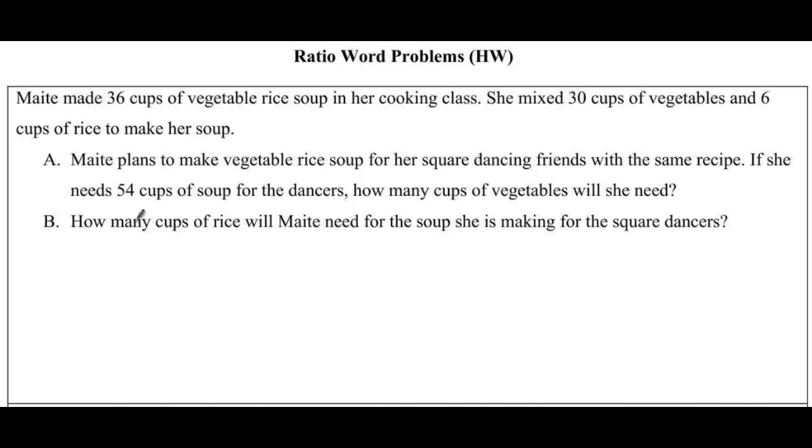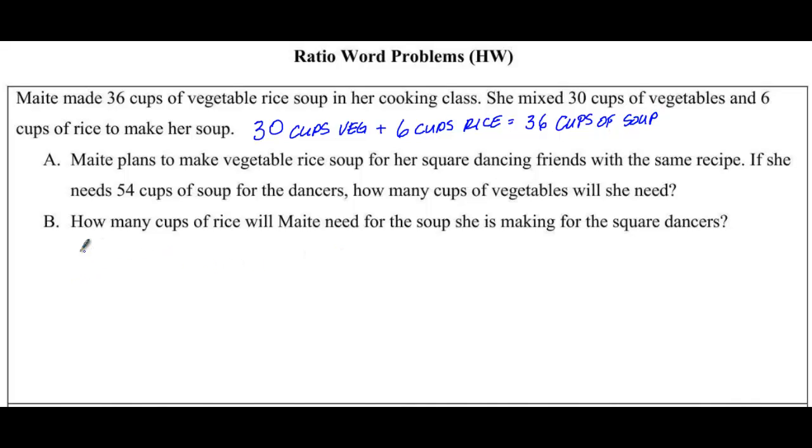So the first thing we're going to do is we're going to look at the parts and the total. So we know that she uses 30 cups of vegetables and she adds 6 cups of rice, and that's what she uses to make 36 cups of soup.